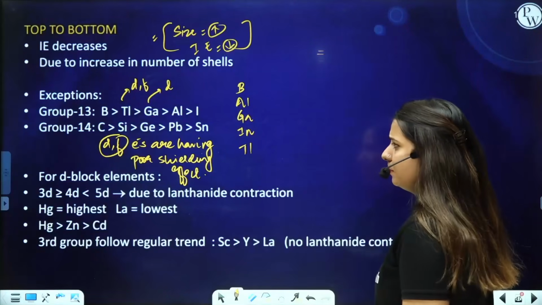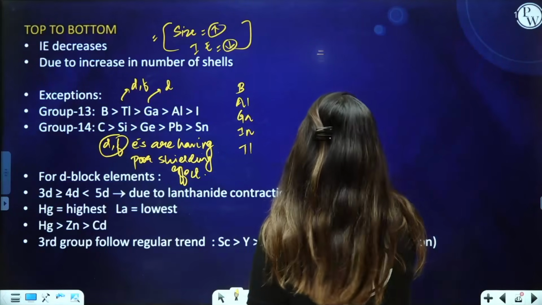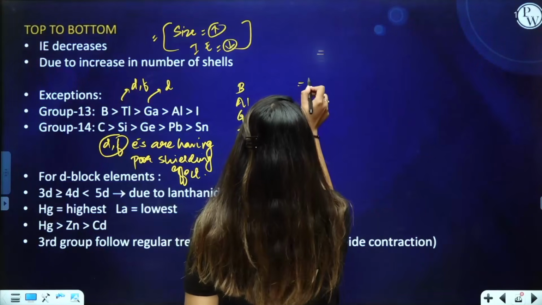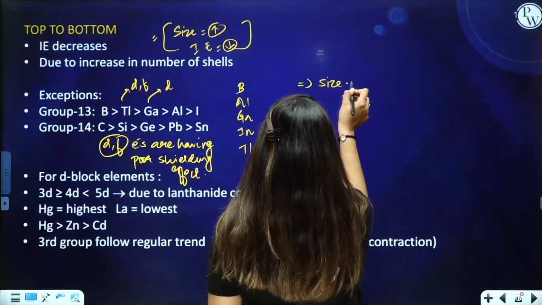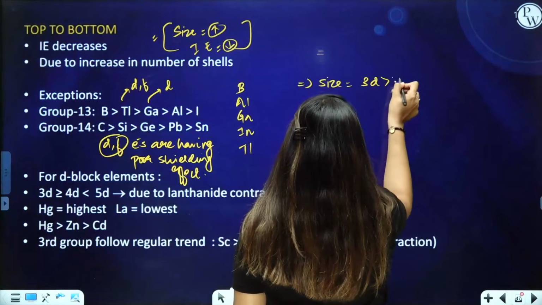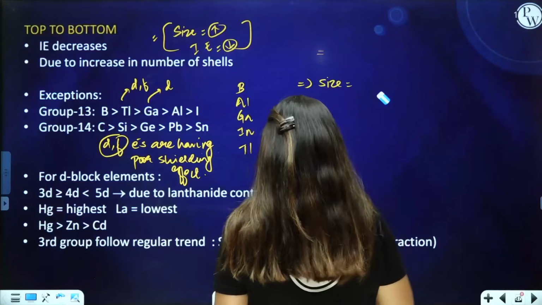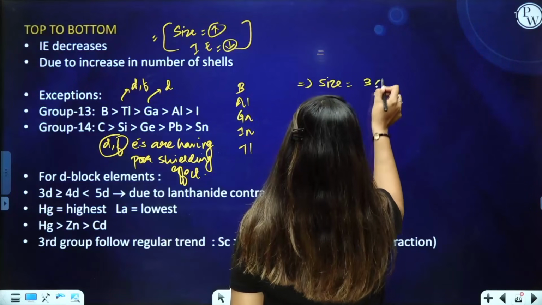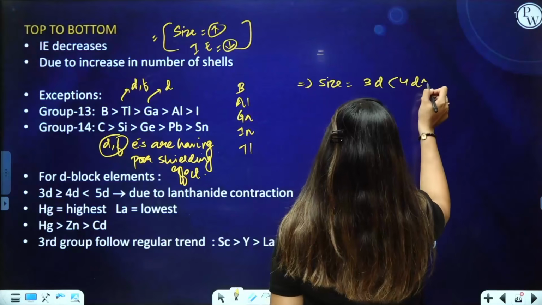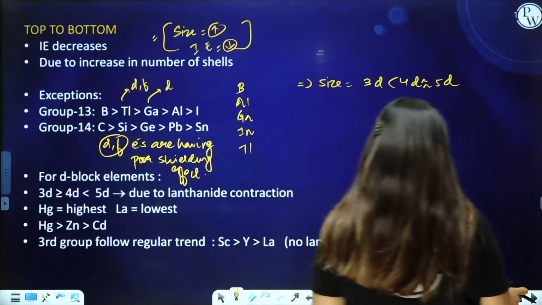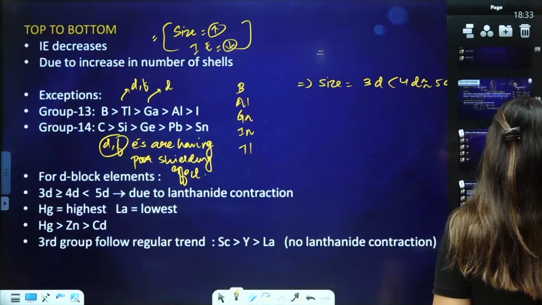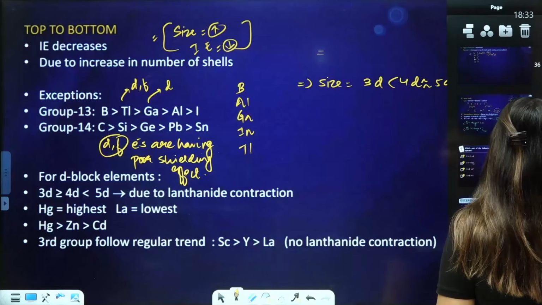Okay. For D block elements, I have told you right now that the size of 3D is less than 4D, and 4D is almost equal to 5D. I think I have written the order like this only, okay? Like this only.